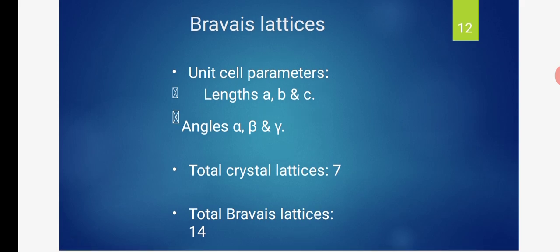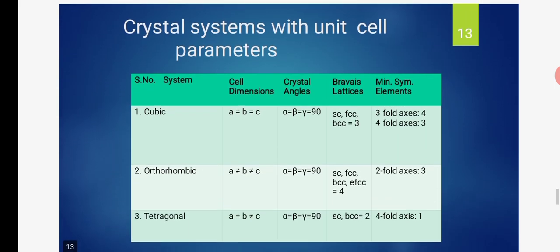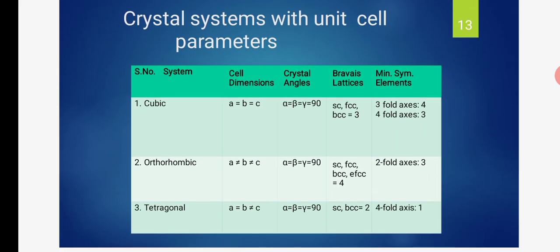Bravais lattices. There are some parameters of cubic lattice we have to consider. Lengths given A, B, C. Angles alpha, beta, and gamma. There are total 7 crystal systems and total Bravais lattices are 14. Now, depending upon the length of the cube, there are various types of crystal systems existing.